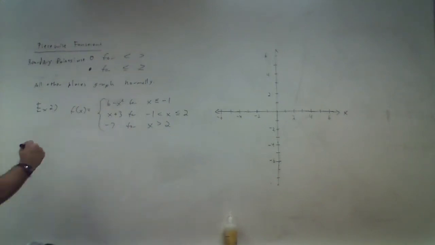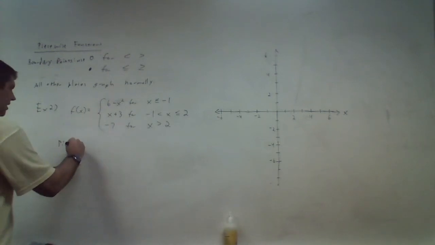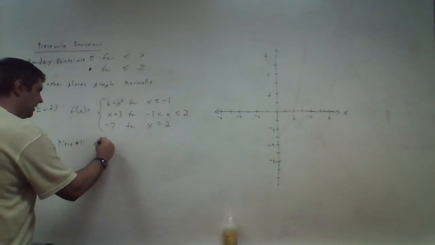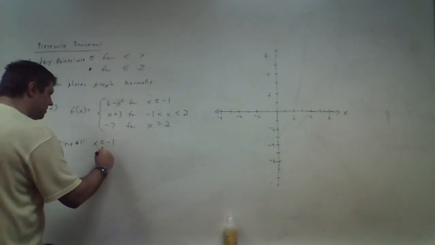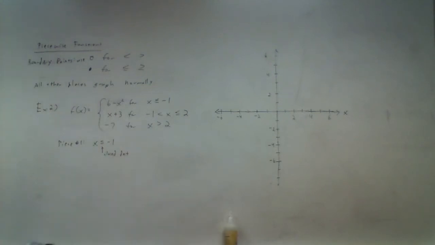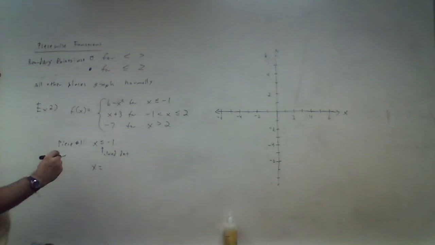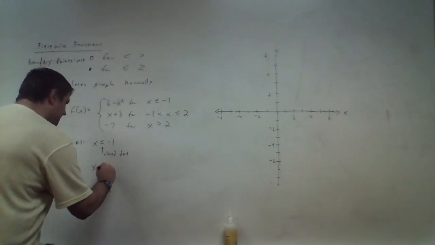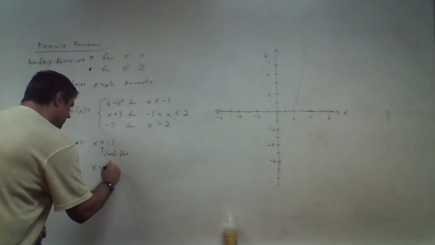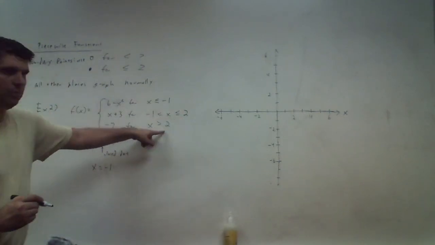Okay, here goes. There's actually 3 pieces. Piece number 1: x is less than or equal to negative 1, and that's going to be a closed dot. Because these are boundary points, negative 1 and 2.